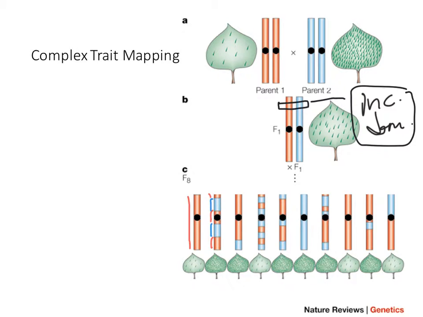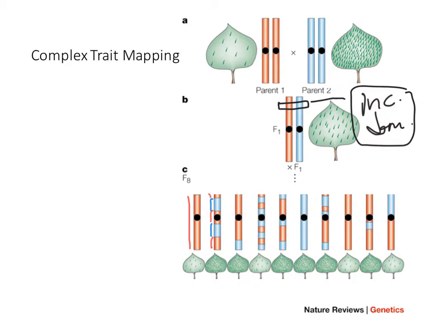It's kind of like an intermediate between the two P0 parents. So we don't see any down here in the F8 generation, we don't see any plants that look like the F1. They're either like parent 1 with very few hairs on the leaves, or they're like parent 2 with lots of hairs on the leaves.